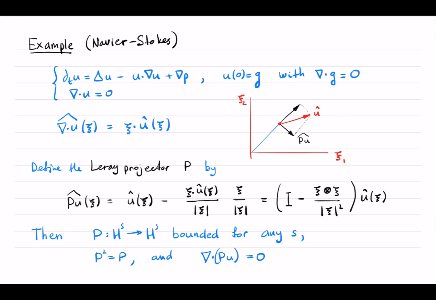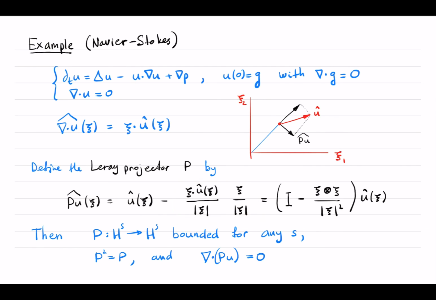So let's define the Leray projector. The Leray projector is simply the orthogonal projection onto this space that is orthogonal to the radial direction psi. So we know that this would be the projection onto the radial direction. Multiply that by the unit vector along the radial direction. So this would be a vector now.